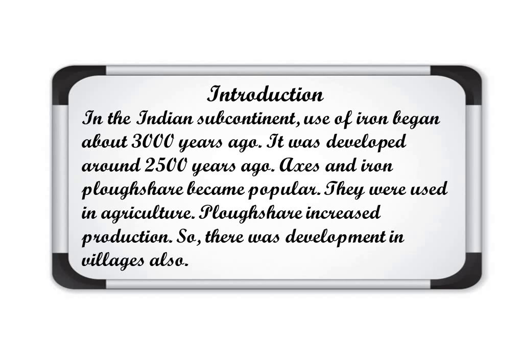Here we are talking about the development that occurred in the villages also, and the reason was the use of iron tools, which began near about 3000 years ago, but was developed near about 2500 years ago.